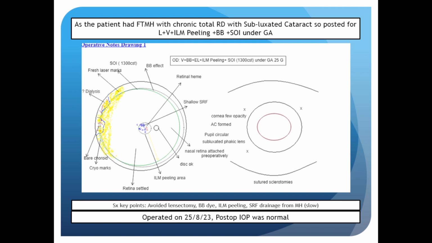But in this patient, we drained the SRF from the macular hole only, very passively. It is a very slow process, so that we do not injure the RPE behind the macular hole and do not increase the size of the macular hole. But it is better to go for a retinotomy for draining these types of macular hole RDs.